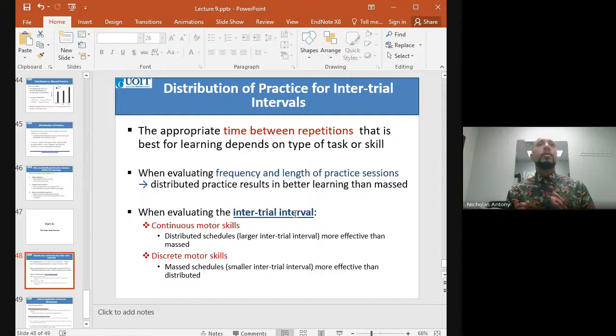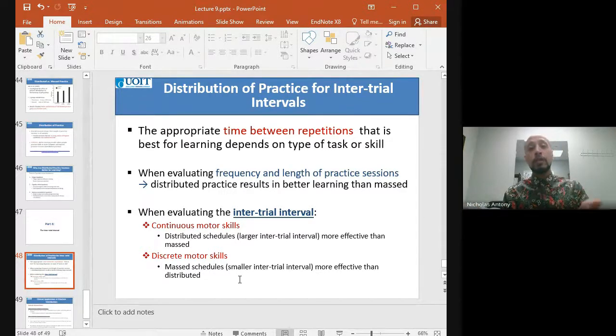So the amount of time that you should wait between trials depends on the type of skill that they're doing. For continuous skills, the interval is typically longer, because it takes longer to do that skill. You can wait a larger interval of time between trials, whereas with discrete motor skills, you don't want to wait as long. But there are no set guidelines for this.